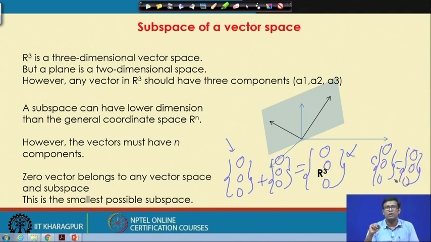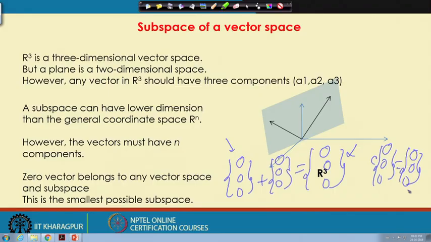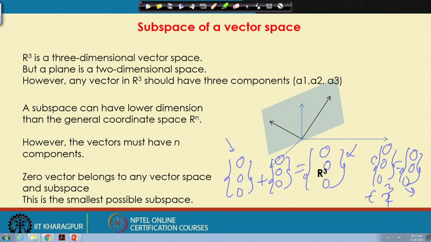So, 0 is a 0th dimensional subspace, the smallest possible subspace, and I will iterate again because this is very important: what is the dimension and what is the number of components. The 0 vector has 0 dimension, but the number of components comes from the fact that it is a member of R3, the real coordinate space it belongs to, which says what its number of components should be. Okay.